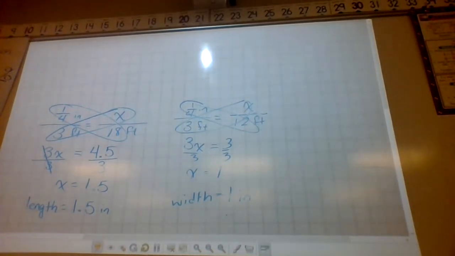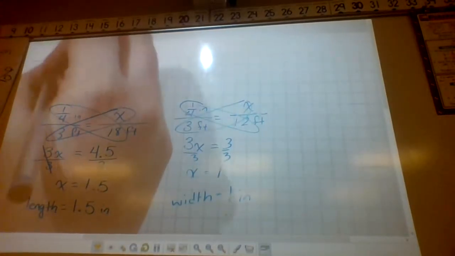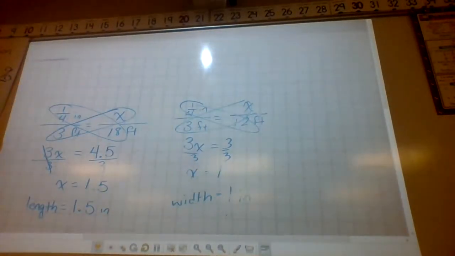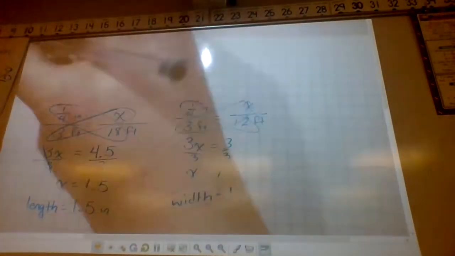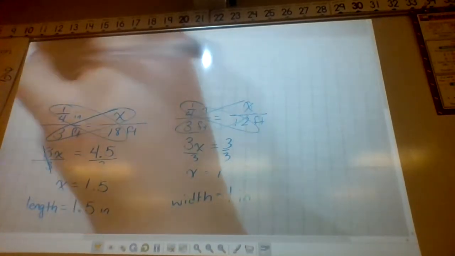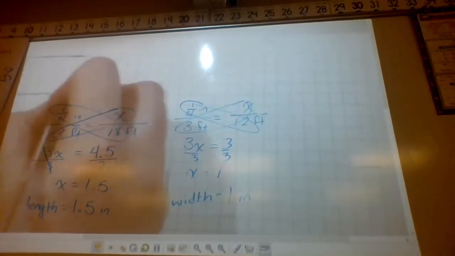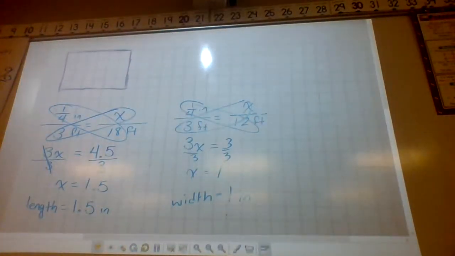So all you're going to do is you need a length of 1.5. There's 1, 2, 3, 4. There's 1 inch. Here's a 1/2 inch. 1, 2, 3, 4. There we go. There's your model.